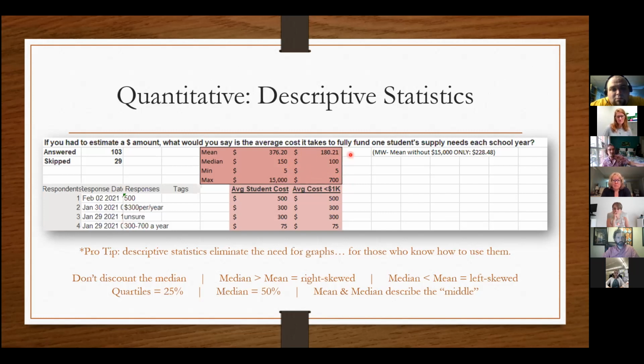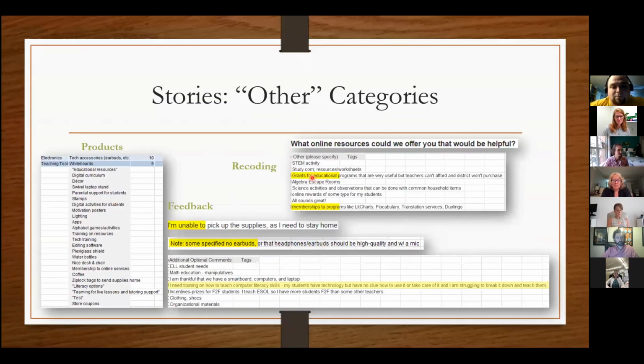The mean was far closer to the normal when we took out this guy, which we call outliers. So remember that sometimes you want to use the average or the mean, and sometimes you want to use the median. So don't forget about these descriptive statistics. They can be really important to telling your story well.